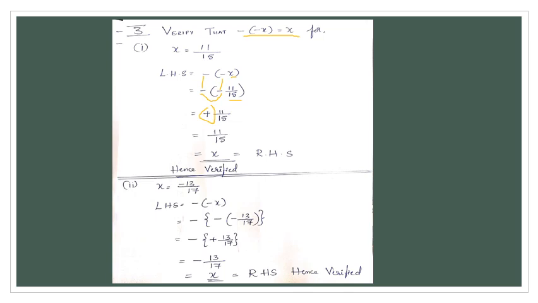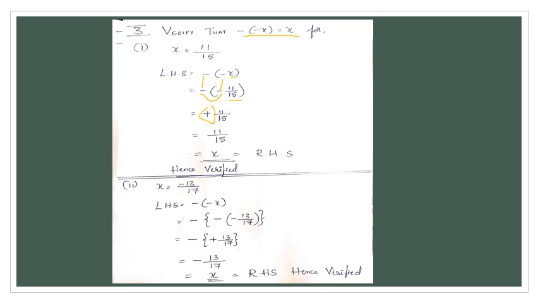Now plus 11 by 15 means we can write it as 11 by 15 itself. So 11 by 15 is equal to x, and x is nothing but the RHS of the statement. Here LHS equals RHS. Hence verified.